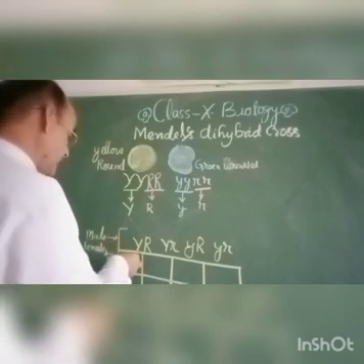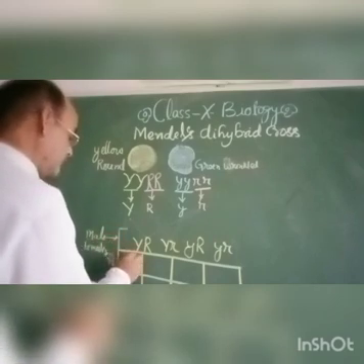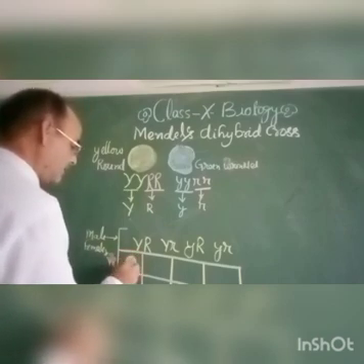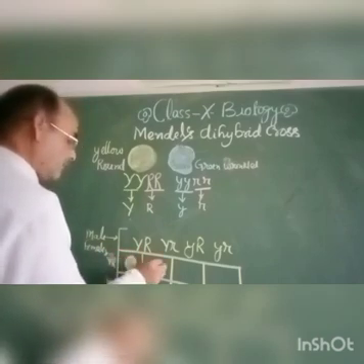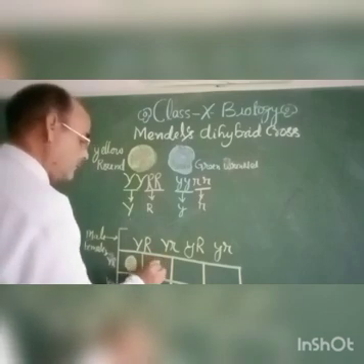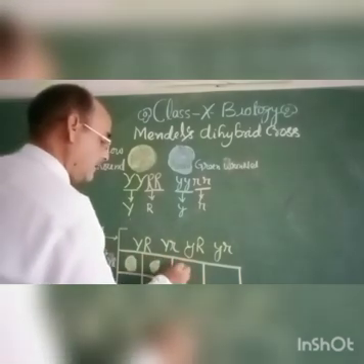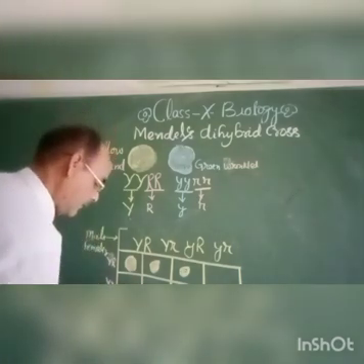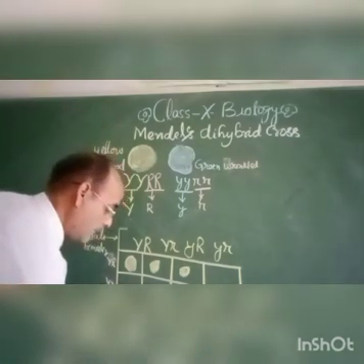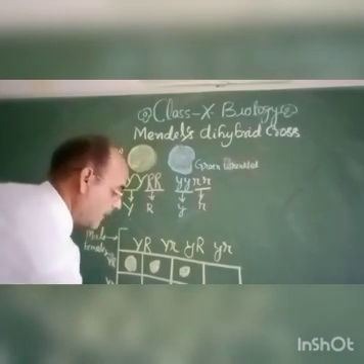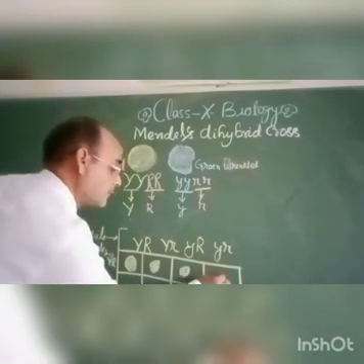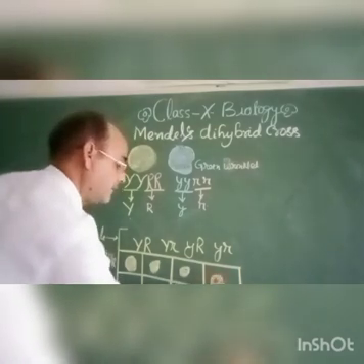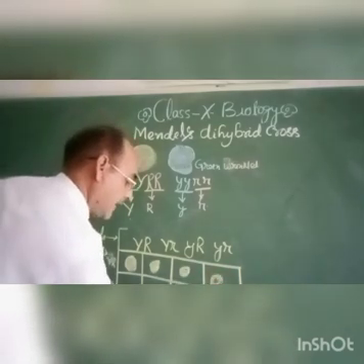My dear student, you will find in this video that the yellow and round seeds are 9 after this experiment. That is 9: 1, 2, 3, 4, 5, 6, 7, 8, and 9.